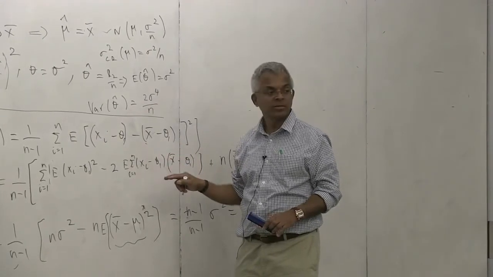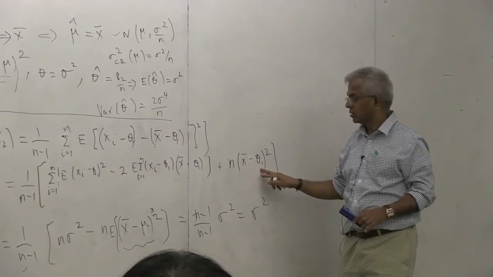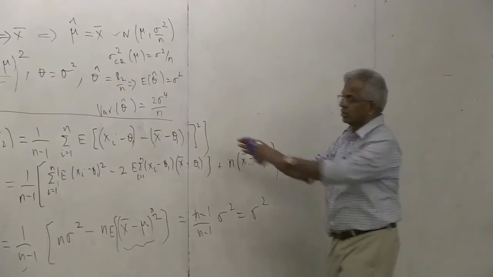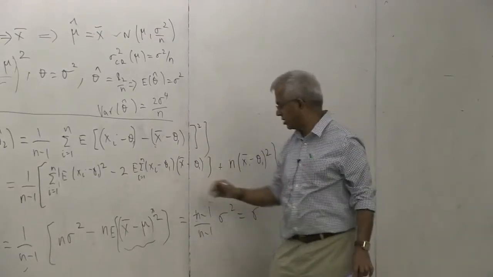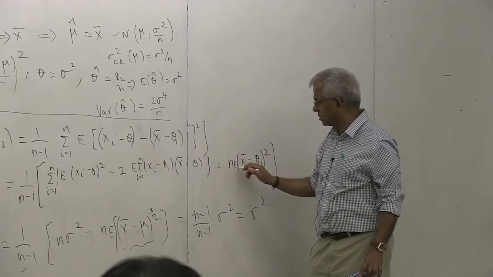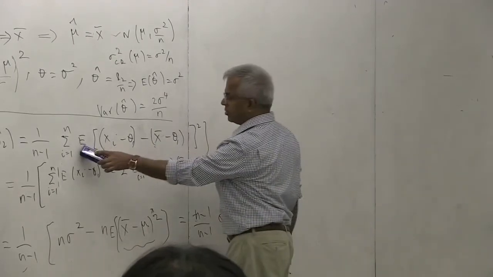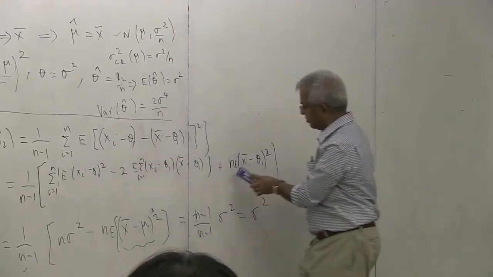And in the next one, you write it as n x bar minus theta 1, squared. Should you write expected value? No, expected value is here, of course. Expected value is here also, right? Yes, because expected value is going to come on all the three terms. Expected value, expected value, expected value.